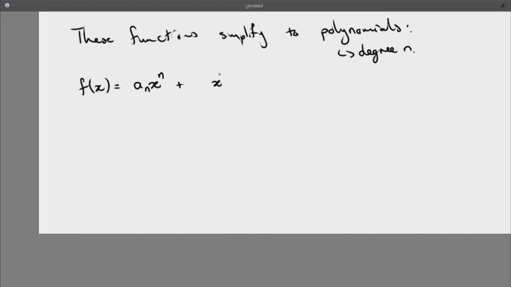Then a term with one lower power of x could feature, and it has a different number in front of it. And all the way down, maybe an x squared term, maybe an x term, and then maybe just a constant term. So these basic functions, in that nice form, I can use transformations.